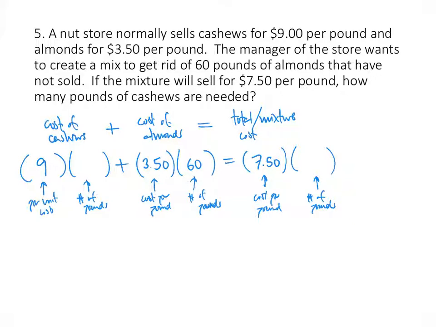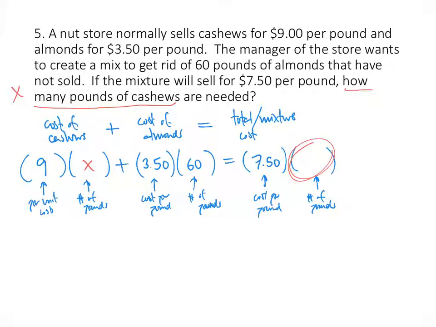And now the question is, how many pounds of cashews are needed? So if we call that x, then that x is going to go right there with the cashew cost. The number of pounds of cashews is unknown. We call that x. That's where the x goes. All right, but now what do we put over here with the total number of pounds in the mixture? Well, again, we have to think kind of cleverly, similarly to what we did in the previous problem.